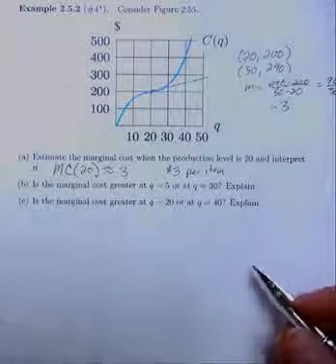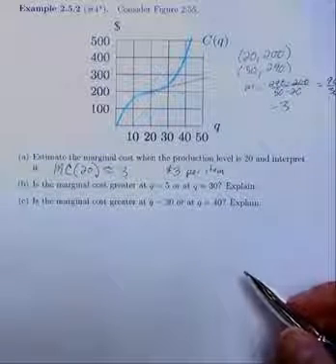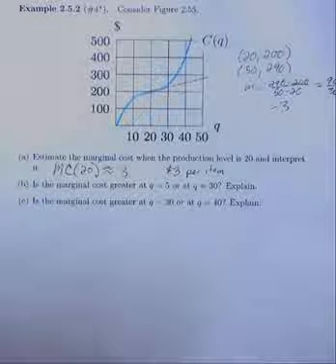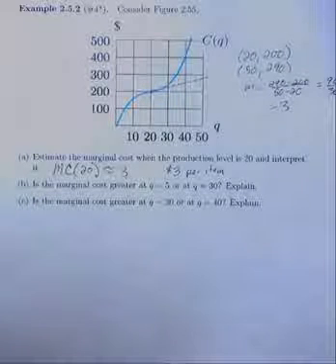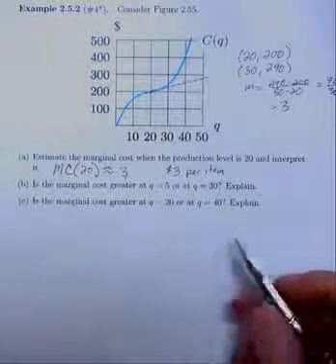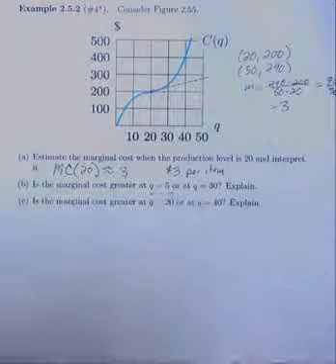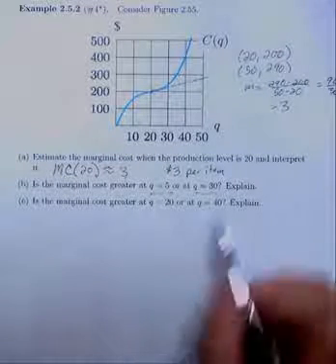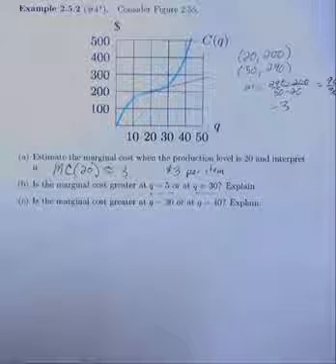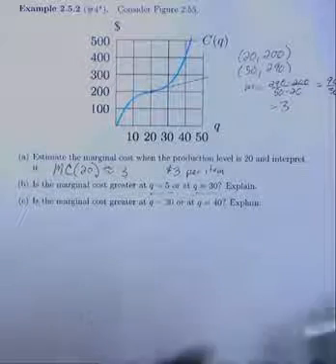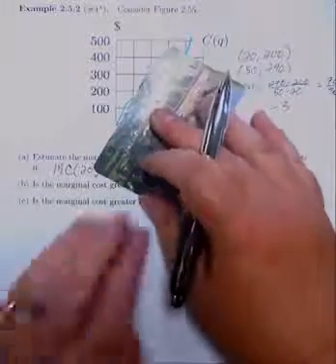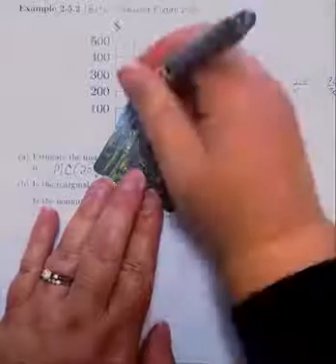Parts B and C are from the book, and the question for part B is, is the marginal cost greater at 5, or at 30? So we want to be looking at what are the tangent lines at these spots, and which one has a bigger slope. At about 5, we're looking at a tangent line that might look like this.